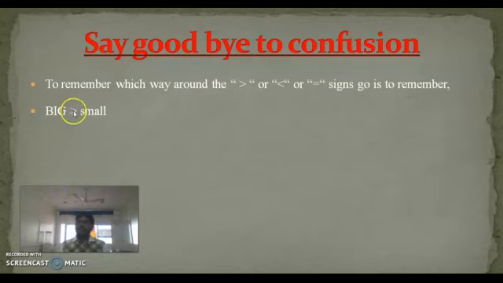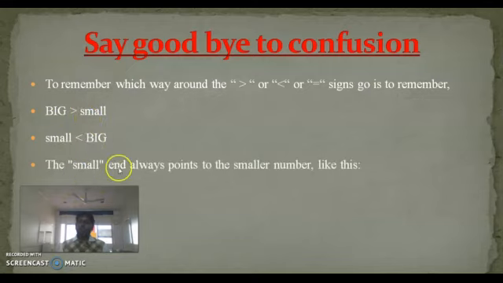See, this pointer always looks to the smaller direction. Small, big, the pointer looks to the smaller direction. So this is greater than, smaller than. The small end always points to the smaller number, like this.